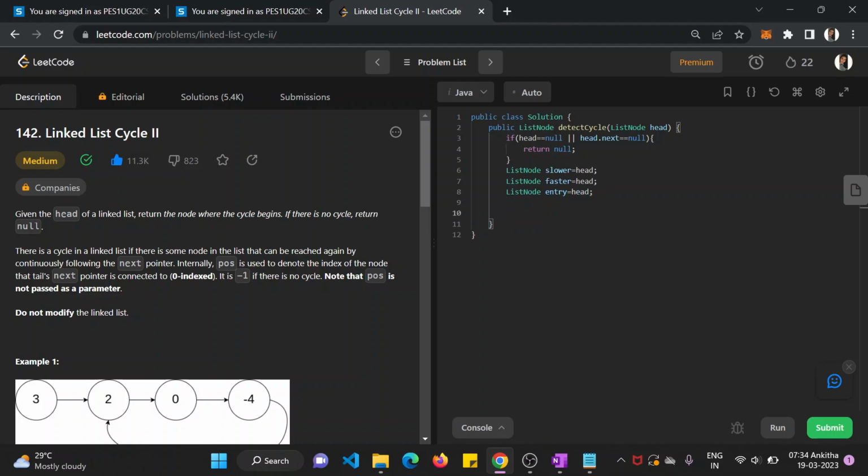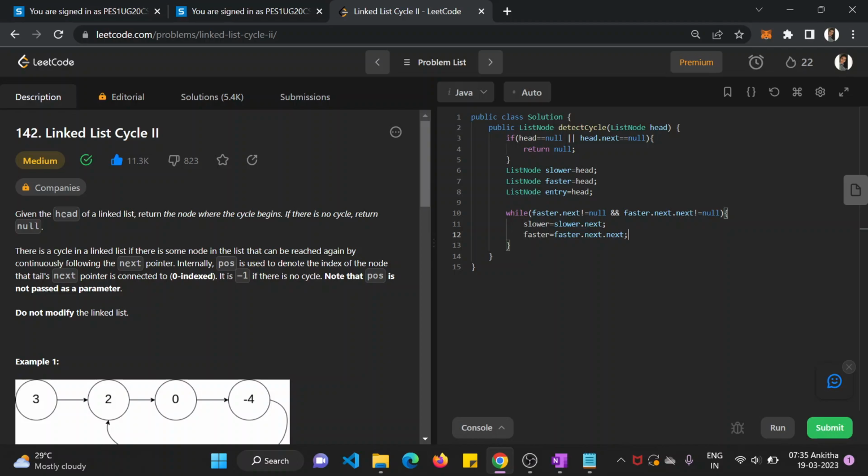So you perform while faster dot next not equal to null and faster dot next dot next not equal to null. So what will you perform? Slower equal to slower dot next, faster equal to faster dot next dot next.